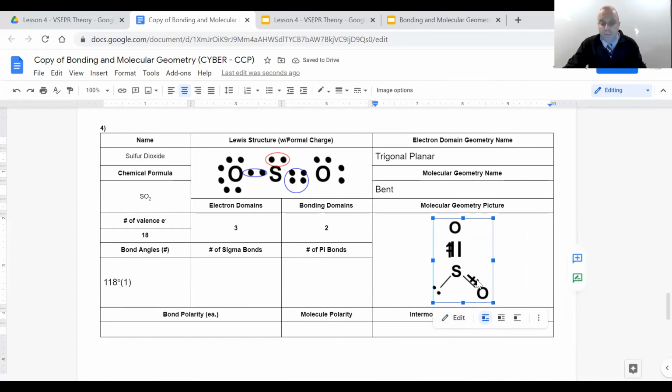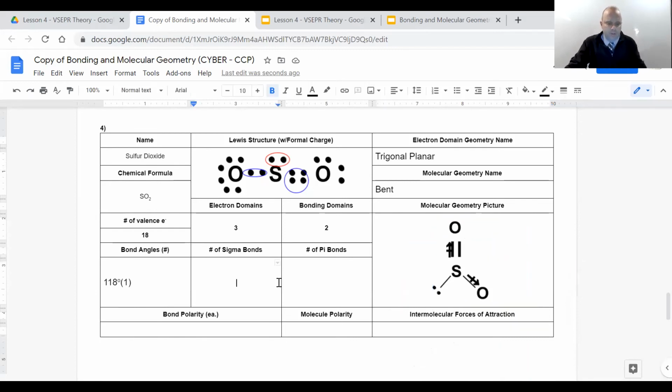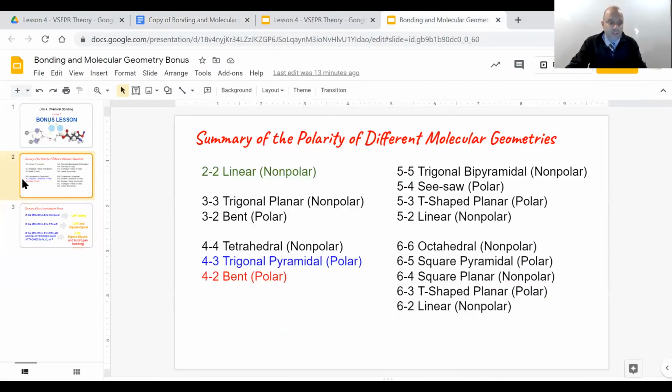Okay, so the number of sigma bonds. We have a single bond here, that's 1. And then we have a double bond, so that's 1 sigma and 1 pi. So we have 2 sigma and 1 pi. So over here we have 2 sigma, we have 1 pi. Then down here for bond polarity, remember that's always going to be polar. For the molecule polarity, we go to our cheat sheet here for a 3-2.